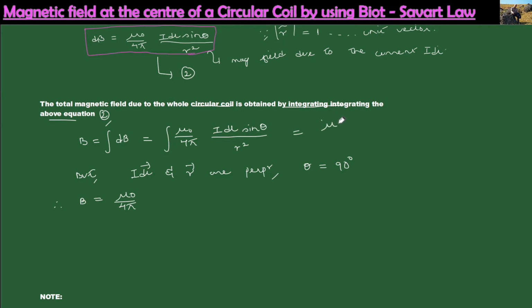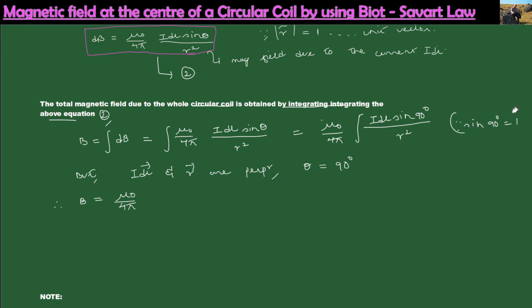Over here, this will give us sine of 90 degrees divided by r square. But sine of 90 degrees is equal to 1.